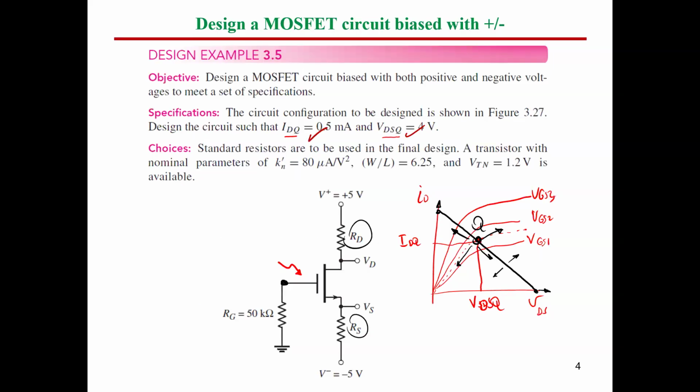So on the MOSFET, this is G and this is S. So we have this volt between these 2 points. We still need to get more data in order to calculate the remaining parts.